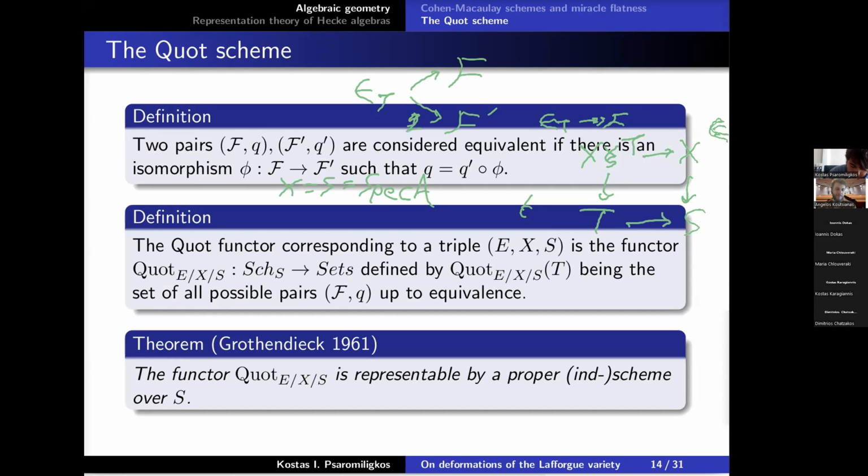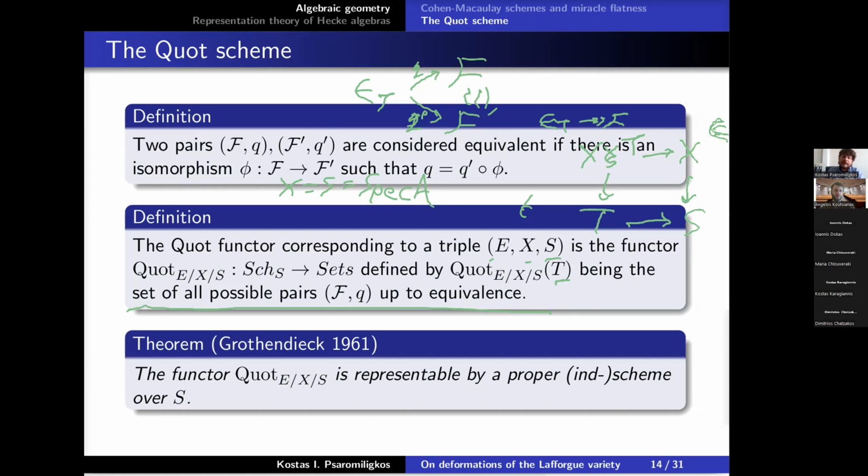So we consider them isomorphic if there is an isomorphism here, making this thing commute. So we define a functor, a moduli functor, by taking such a triple, a scheme X over S and a coherent sheaf on X. We consider the Quot functor taking a scheme T over S and sending it to all these flat families.